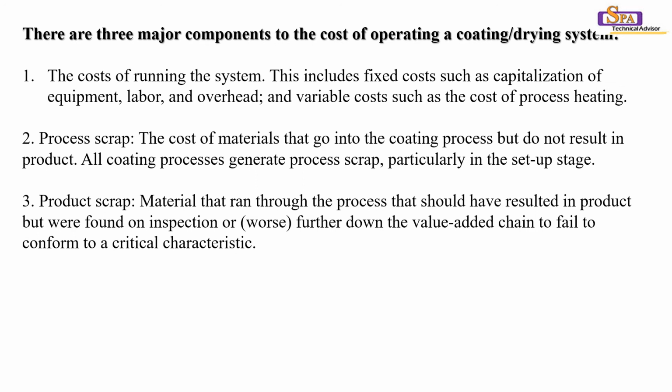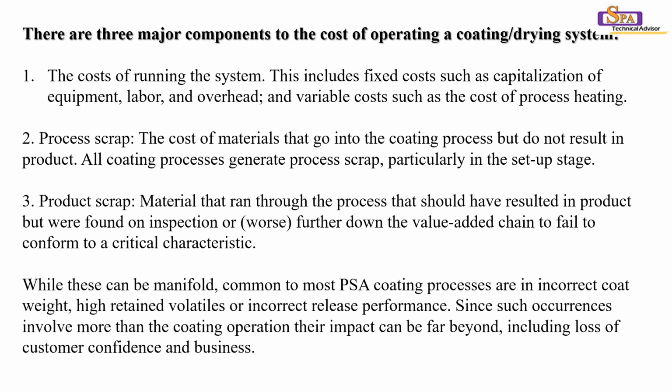Number three is product scrap, material that can run through the process that should have resulted in a product but were found on inspection or further down the value added chain to fail to conform to the critical characteristics.